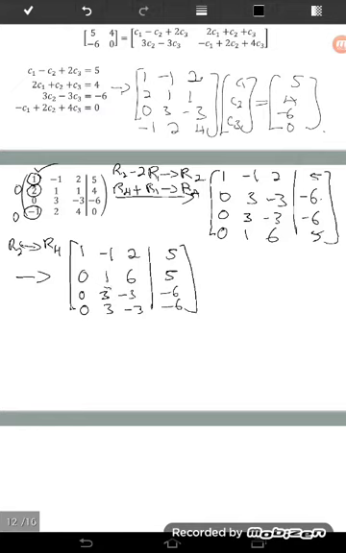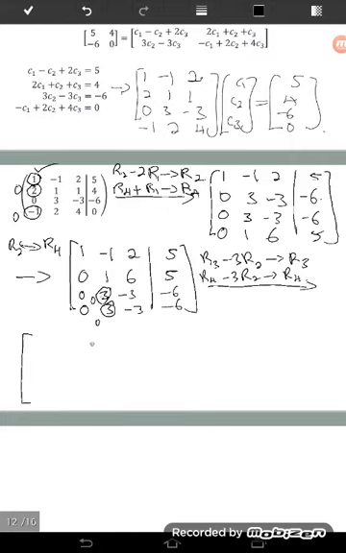Then next we make this one become 0, and here also become 0. So to make this one 0, we do row number 3 minus 3 times row number 2 and put back at row number 3, and the same for row number 4. So we have here the first row didn't change, 1, -1, 2, 5. And here 0, 1, 6, 5.